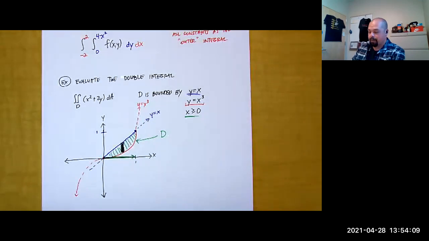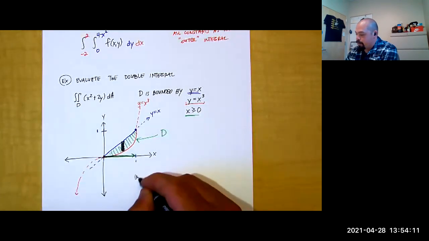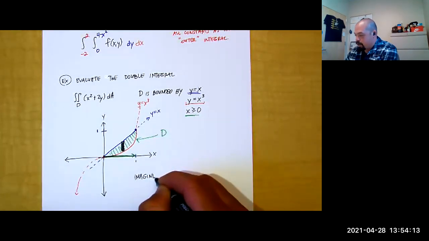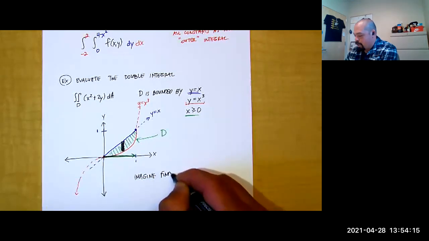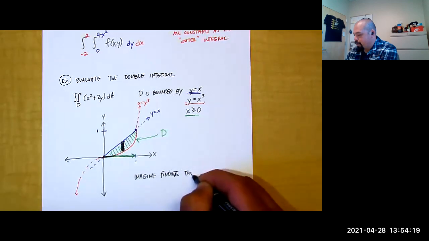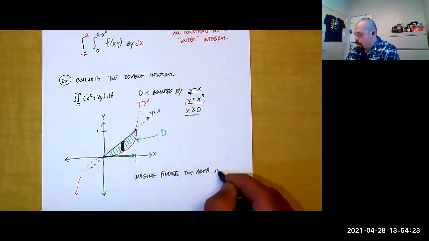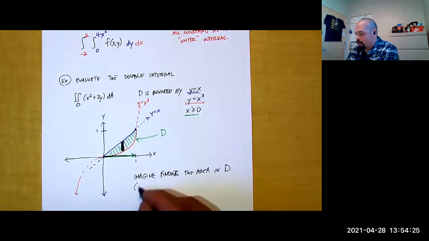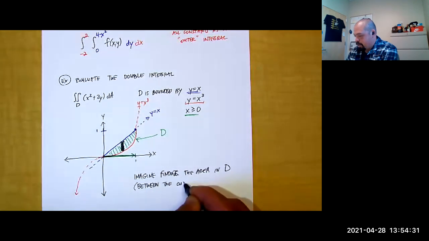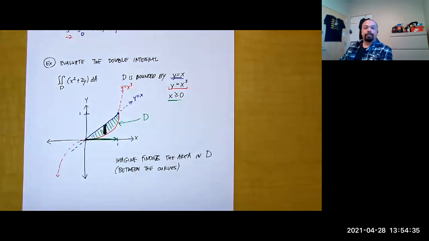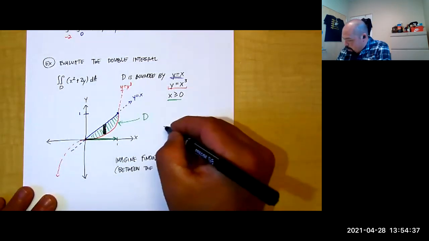So imagine, consider finding the area in the region D, basically between the curves, and thinking about that rectangle.